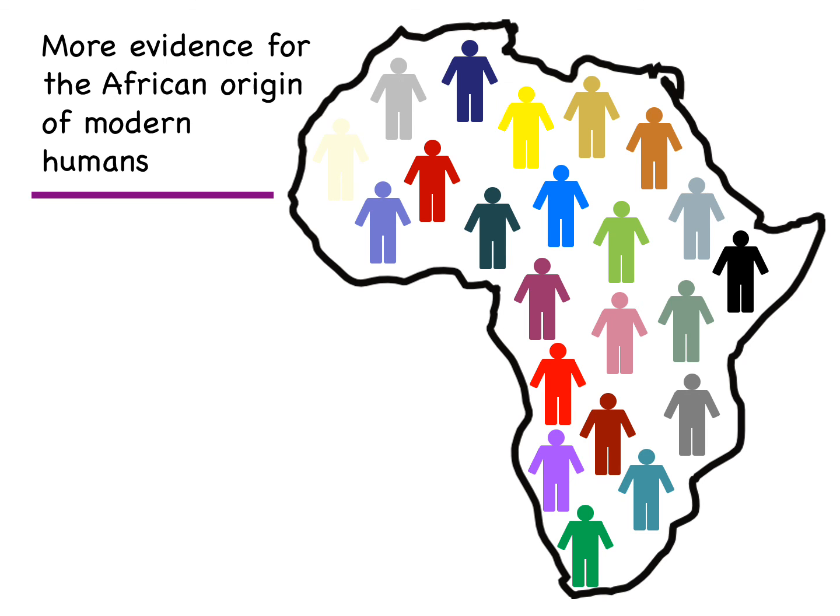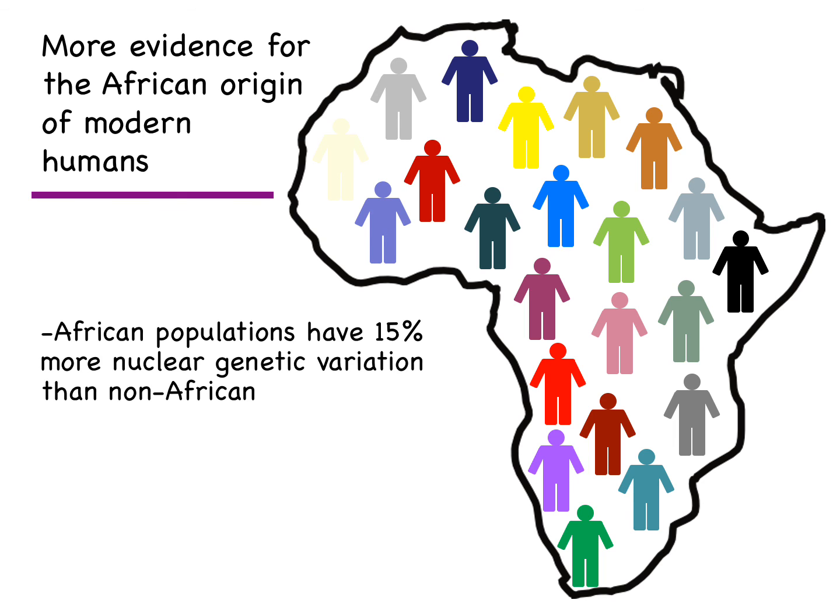Okay, so there's also some nuclear DNA evidence in support of the idea that all modern humans derive their ancestry from Africa. African populations have about 15% more nuclear genetic variation than non-African populations. Again, this is consistent with the idea that there was more time to acquire all this diversity before a small subpopulation left Africa and migrated out to the rest of the world.